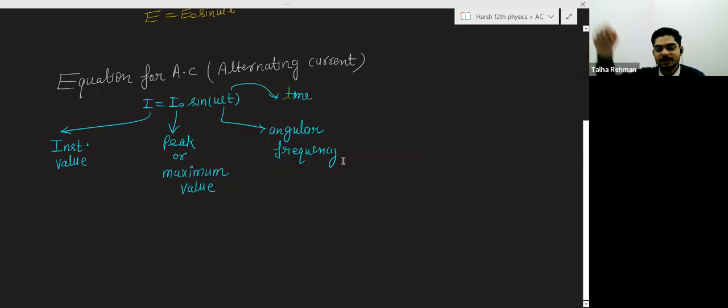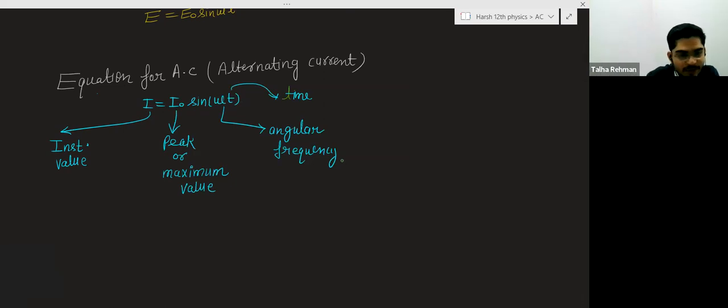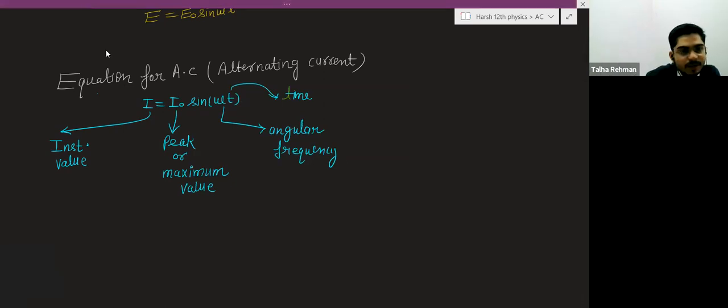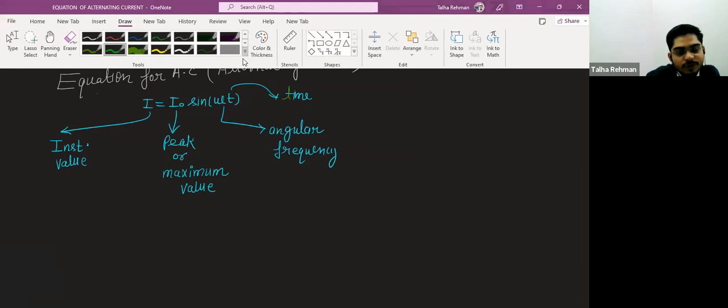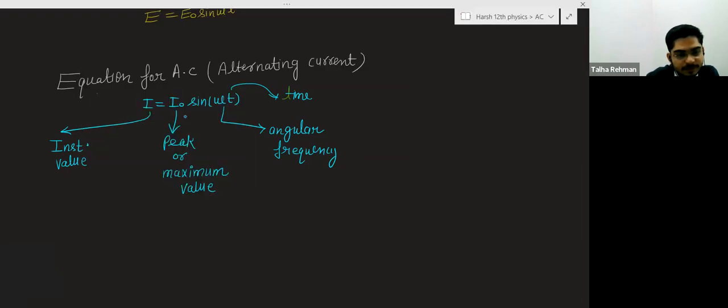If I want to calculate the average value of current for full cycle, it will be 0.